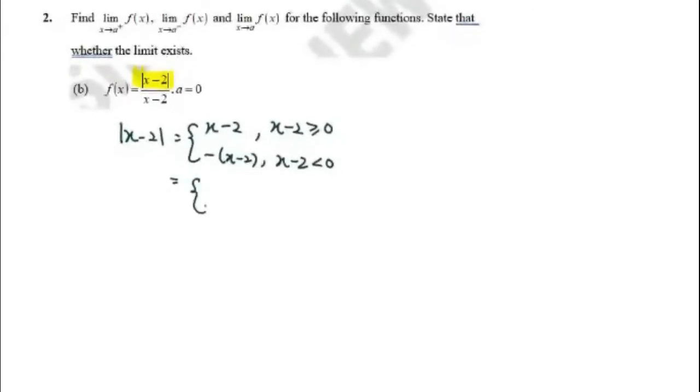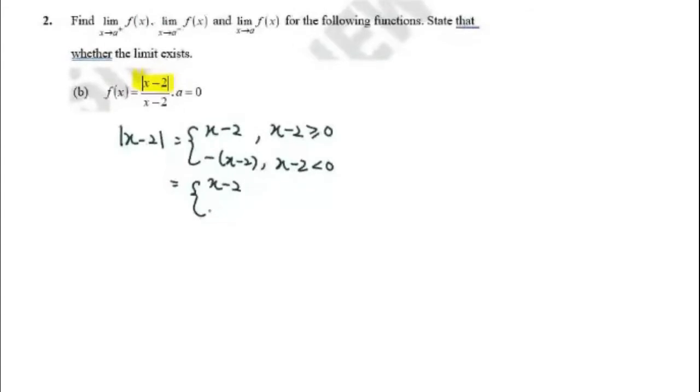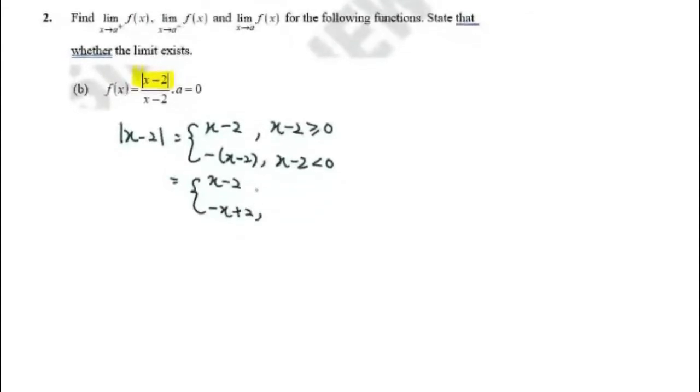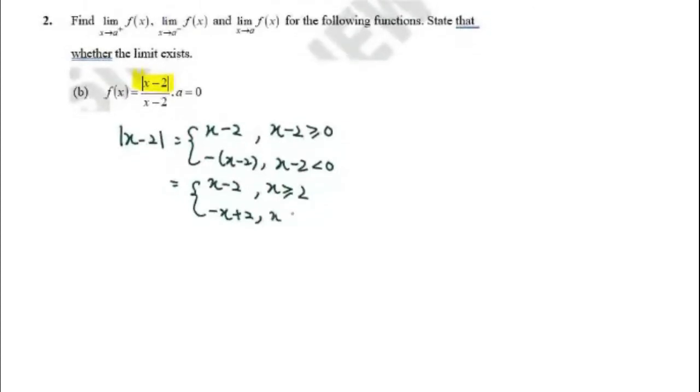So therefore, simplifying our piecewise function, it will become x minus 2, and negative x plus 2. This is the interval for x more than or equal to 2, and this is x less than 2.